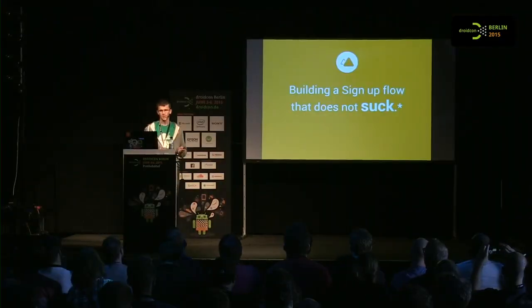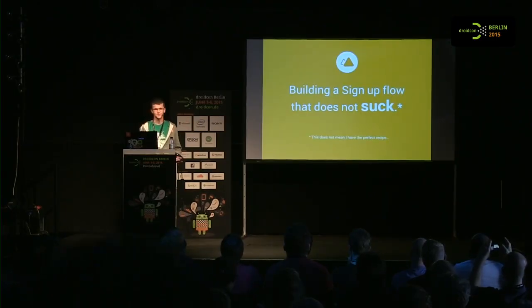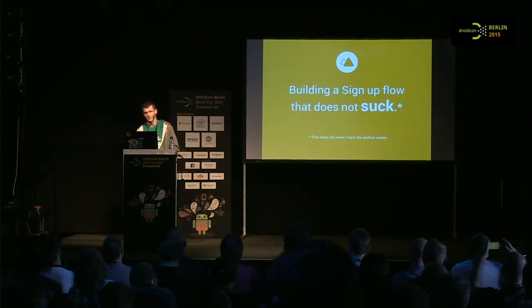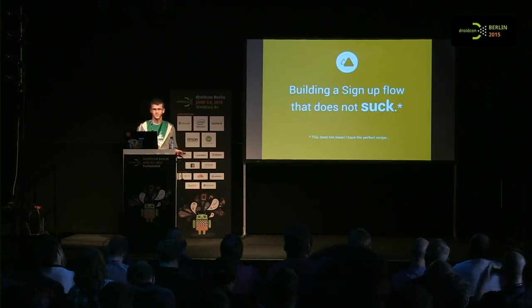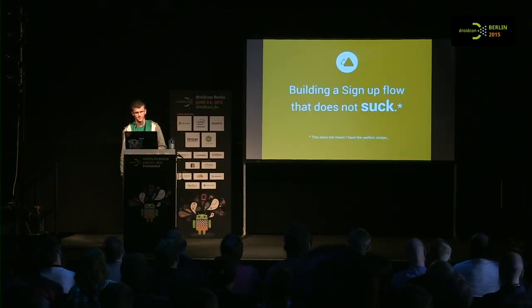We did some iteration, and we tried to emphasize the small details on the screen, so it helps the user to fill in the sign-up form properly. But I added this small asterisk because I don't have the perfect recipe to build the perfect flow. It's just some steps and some do's and don'ts that you can see.